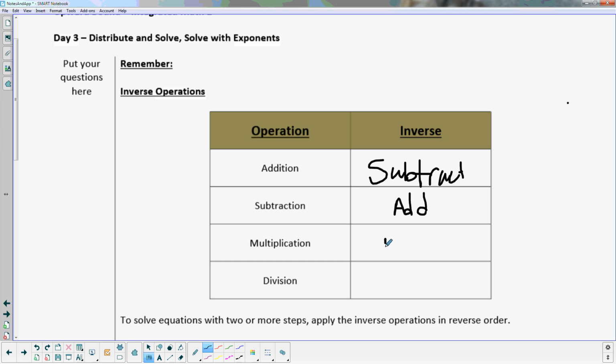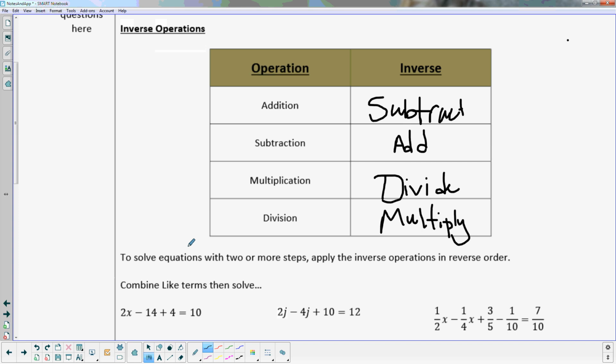For multiplication, to undo multiplication, we would divide. And to undo division, we would multiply. So that should be a review. It's not meant to teach you those are the inverse operations. Hopefully we know that already.